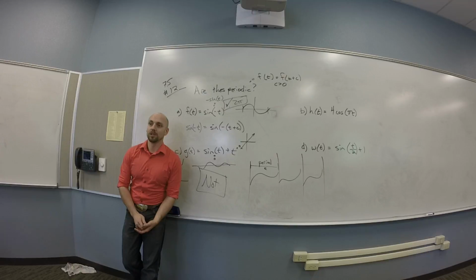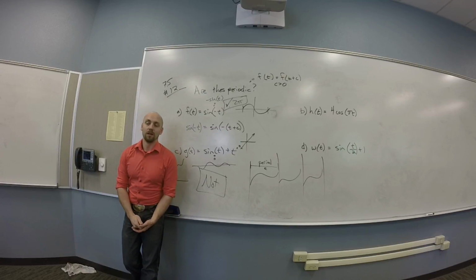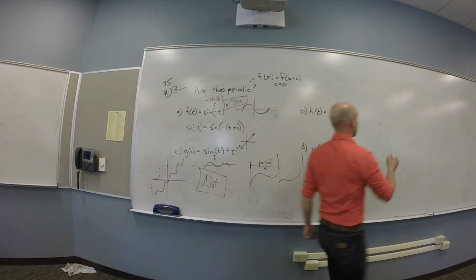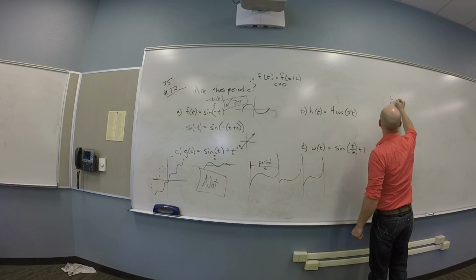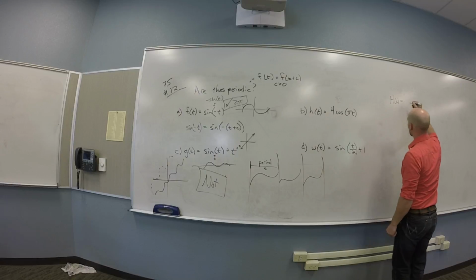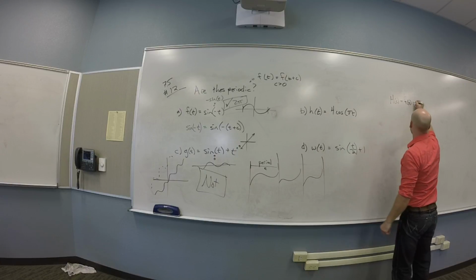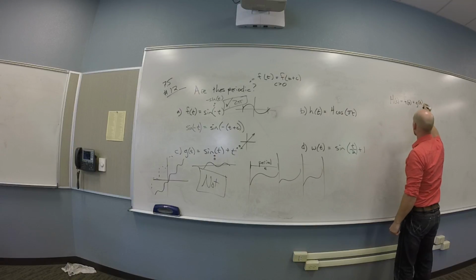No, there will be no exceptions to that. That's because, if I'm thinking algebraically about this, say I have h of t made out of f of t, a periodic function, plus g of t that's not periodic.